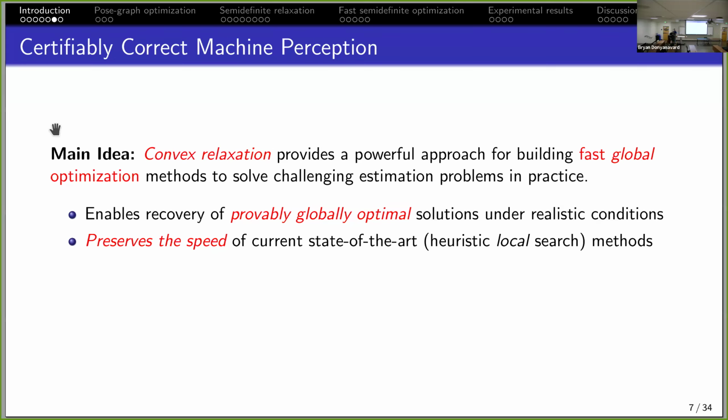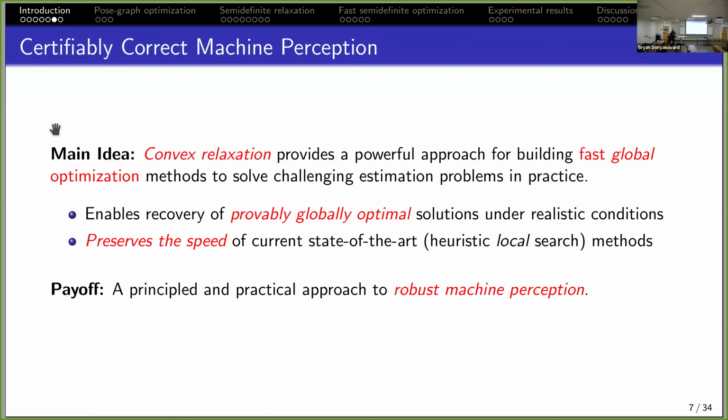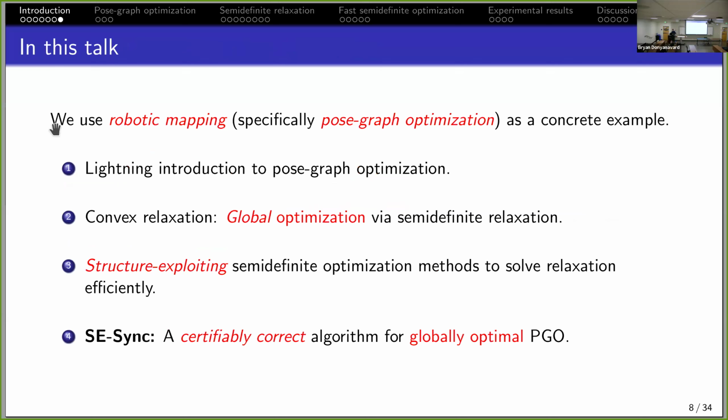Not only that, but if you're sufficiently clever about how you solve these convex relaxations, you can do so with a speed that matches or exceeds existing heuristic local search-based methods. The combination of those two things together then gives you both a principled and a practical approach to achieving provably robust, safe, trustworthy machine perception. So that's what we're going to talk about today.